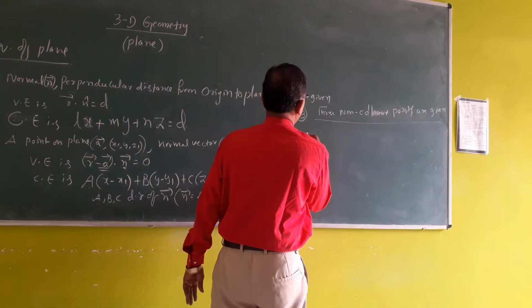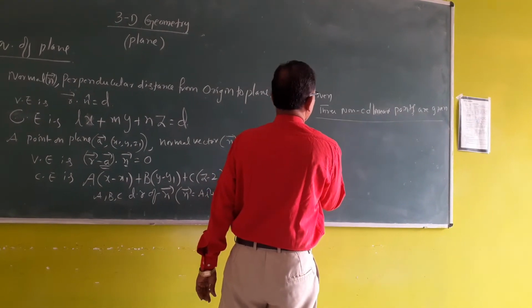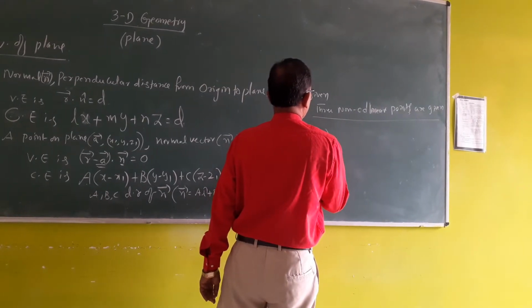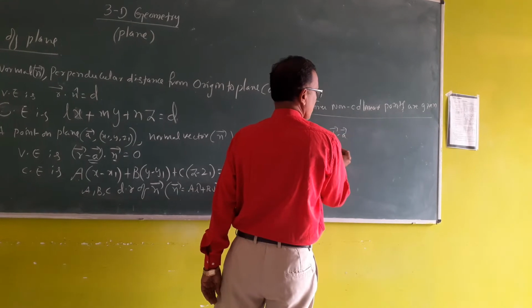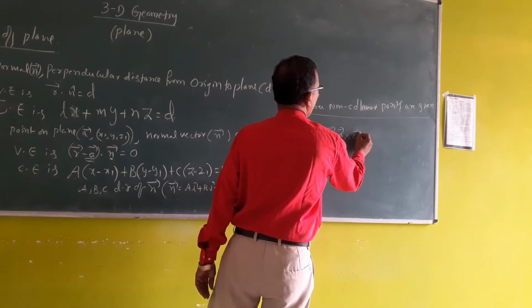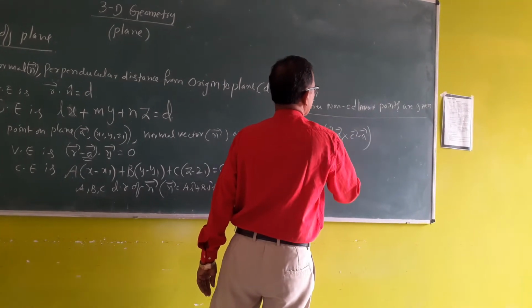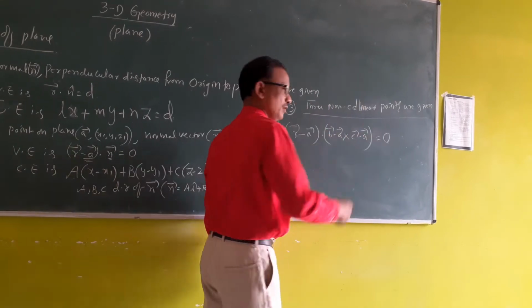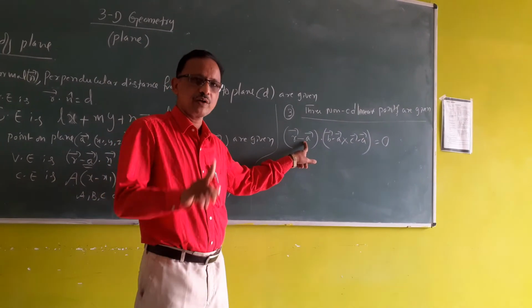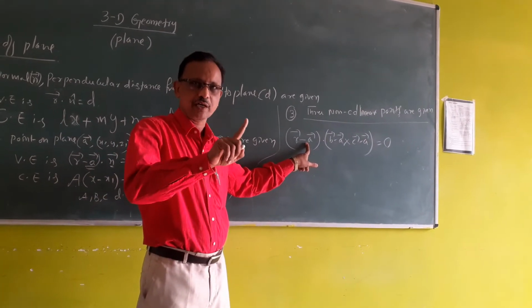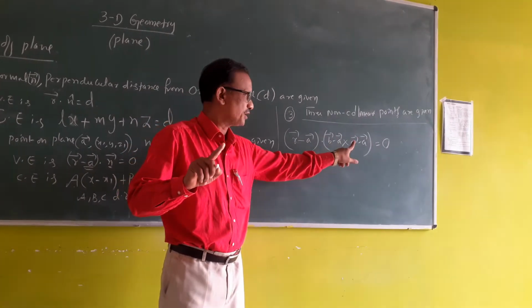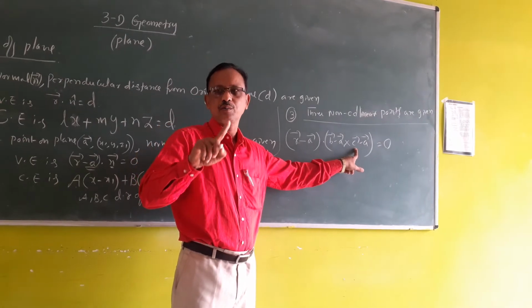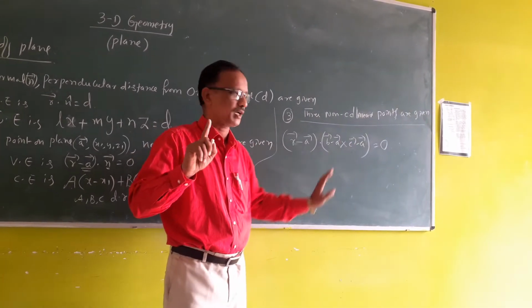Then r bar minus a bar dot b bar minus a bar cross c bar minus a bar equal to 0. Where a bar is the first point position vector, b bar is second point position vector, c bar is third point position vector.